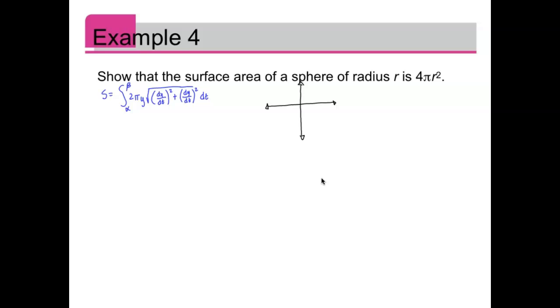We're going to remember that we can create a sphere using the parametric equations x equals r cosine t, y equals r sine t.